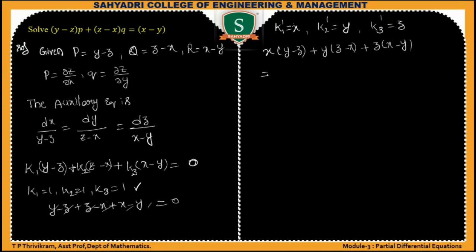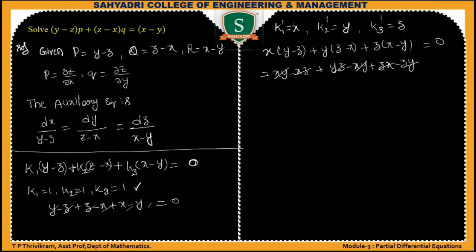We'll check: xy minus xz plus yz minus xy plus zx minus zy. All get cancelled, we got 0. So for this problem we got 2 multipliers. These calculations you have to do in rough.